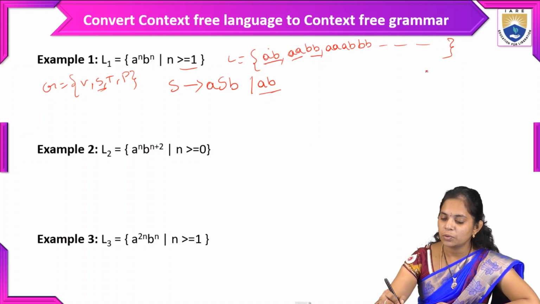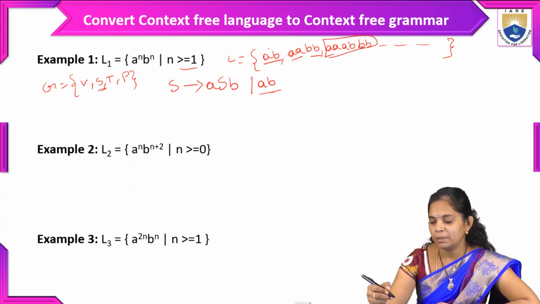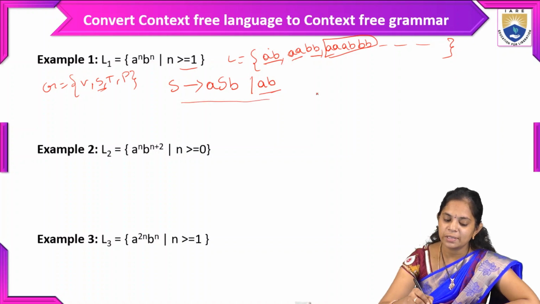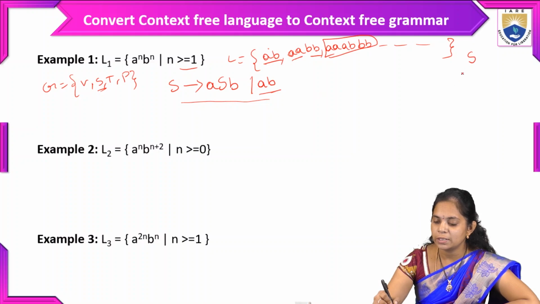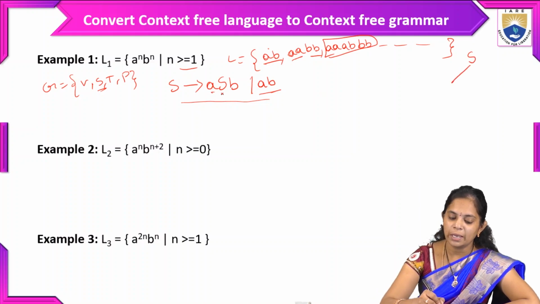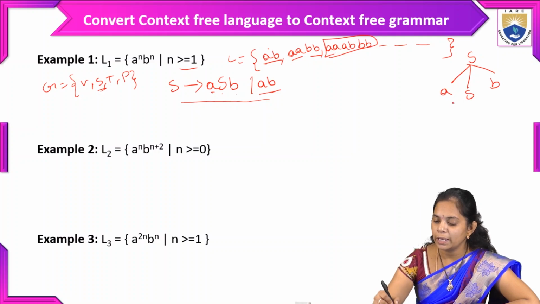Let me check whether, by using this grammar, we can derive the string AAABBB. S tends to ASB, so I replace S with ASB. If we want one more A, I replace this S with ASB again. And for one more A, we replace S with ASB again.